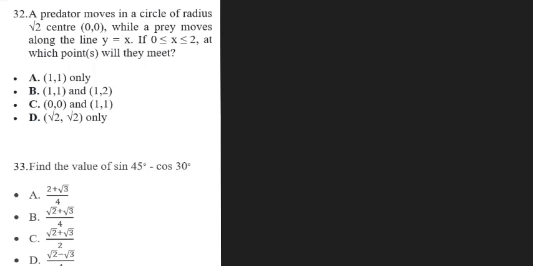Now we know that our radius r is equal to root 2, and we know that y is equal to x. Now there's a formula we always use in this case. The formula is x squared plus y squared is equal to radius squared, right?